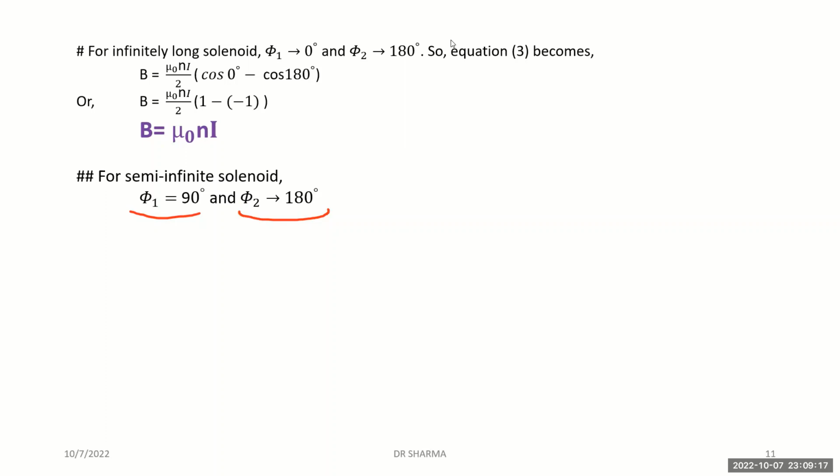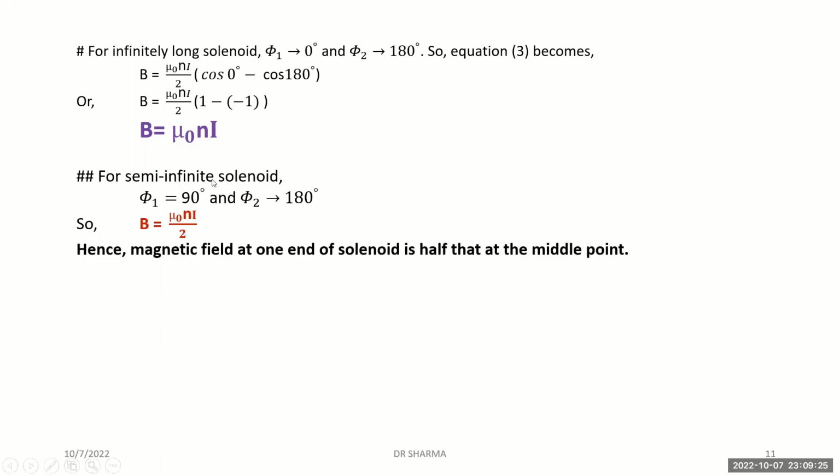After substituting these values in equation 3, we get B is equal to mu naught n I by 2. Check these two expressions. What are these expressions saying? The magnetic field at one end of the solenoid is half of that in the middle of the solenoid.